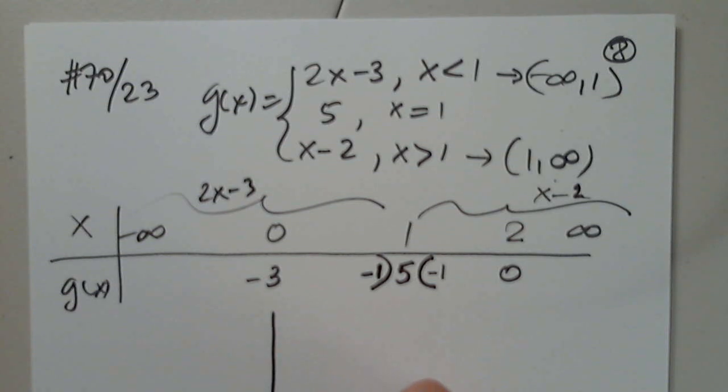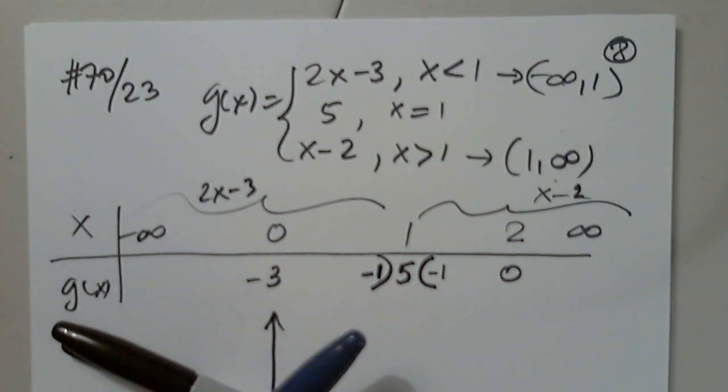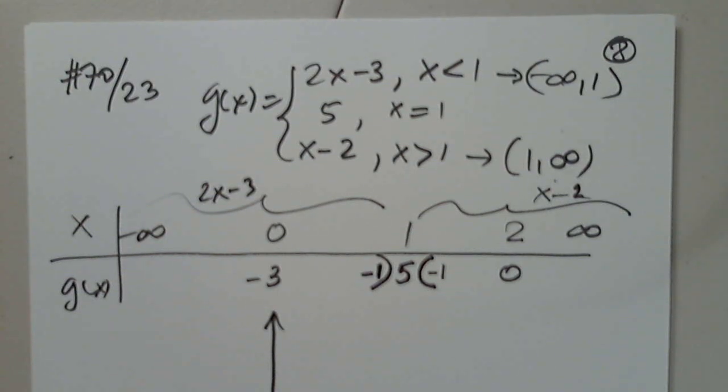When I graph, you do not have to do this. I'm just making a point, because I don't want my students to graph something like this. If you do graph something like this, I can't give any credit, because this is not a function by the vertical line test. So I'm going to use 3 different colors. So 0, -3 is here. 1, -1 is here, but it's an open point.